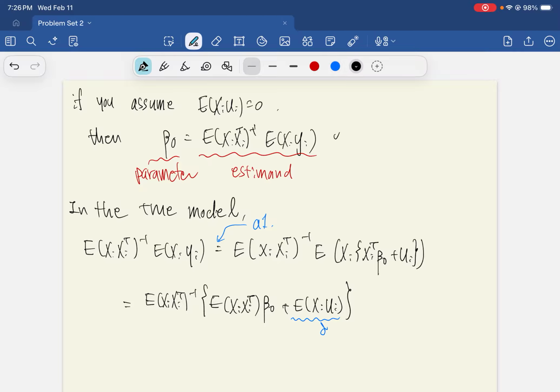Here you are assuming that exogeneity is true in your mind, but actually it is not. So it does not go away, and then you get, the first term becomes beta 0, and the second term becomes this. So this much is the misspecification bias.